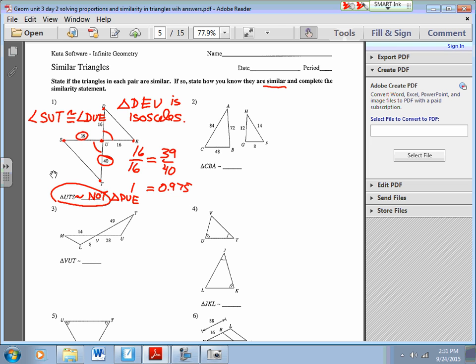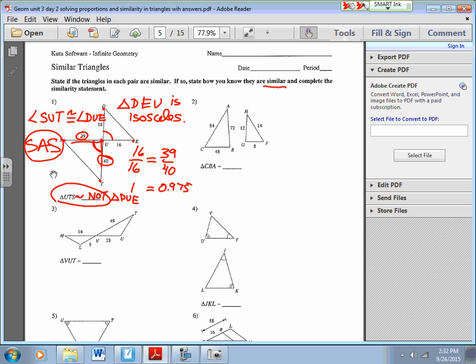Those two are not similar. If the sides would have been proportional, then yeah, we can prove that they are similar. And what I was trying to use was a theorem called side, angle, side. On the other triangle, I had a side, an angle, and a side. But it didn't work. The sides were not proportional.